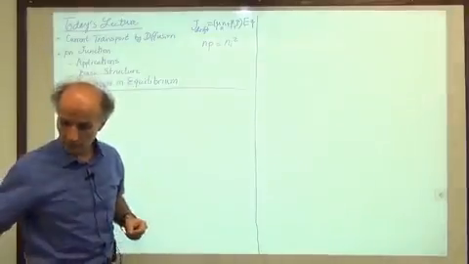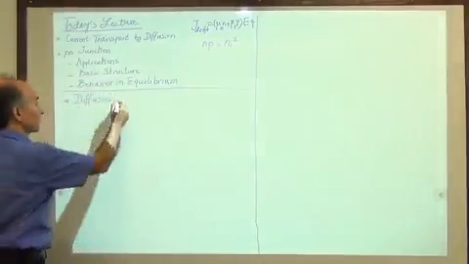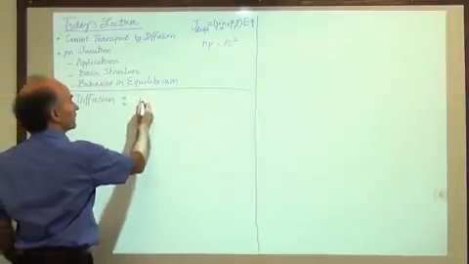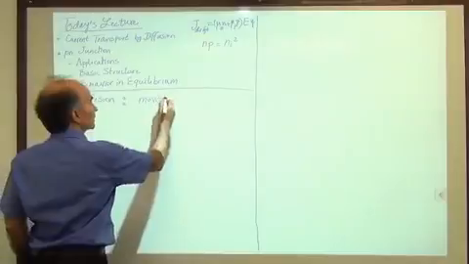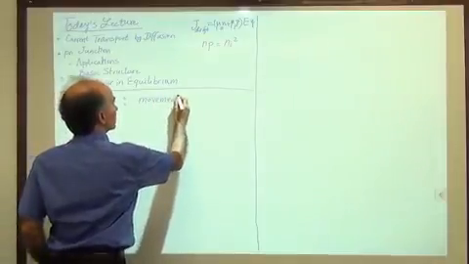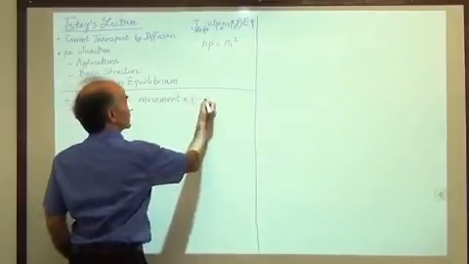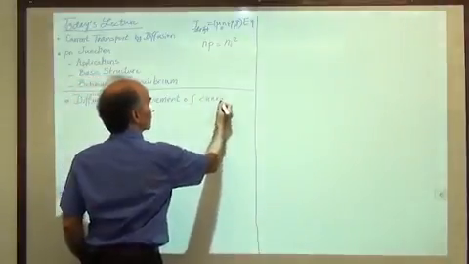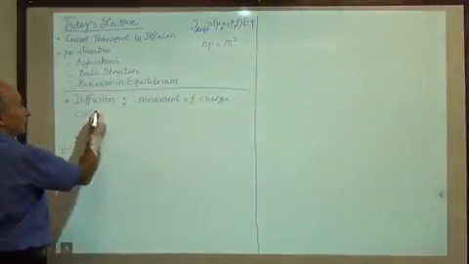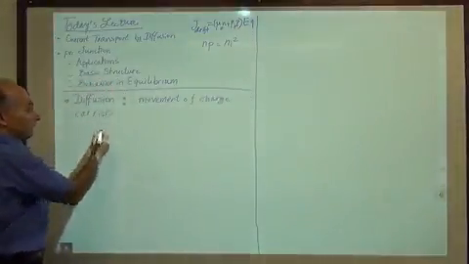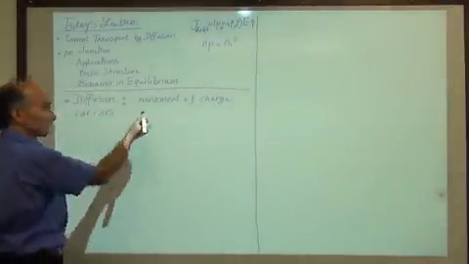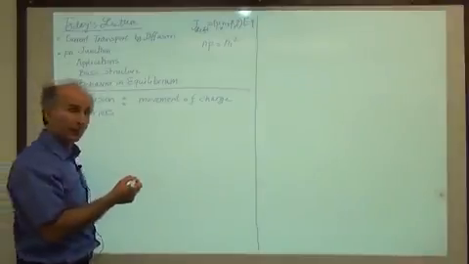So diffusion is defined as movement of charge carriers. Now, of course, it doesn't have to be charge carriers. It can also be ink molecules or anything else you would like. But in our case, we are interested in charge carriers.